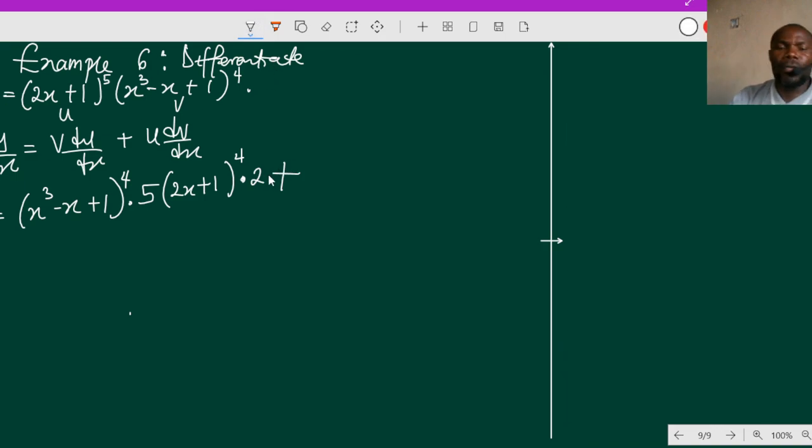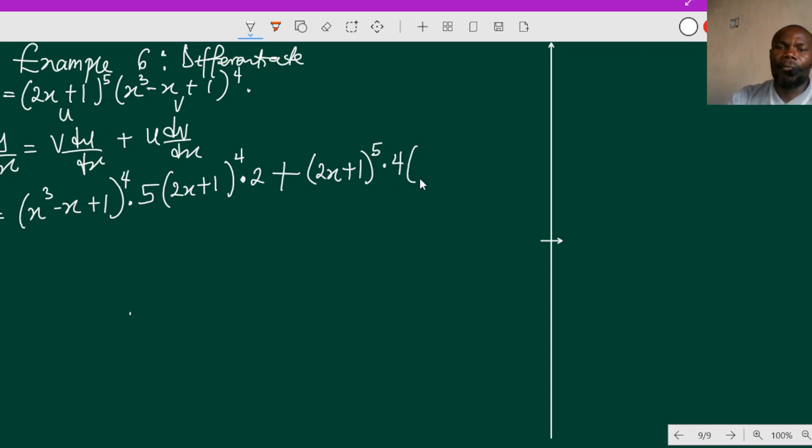When you say plus, you now write u. What is our u? It is 2x plus 1 raised to power 5, dot dv dx.